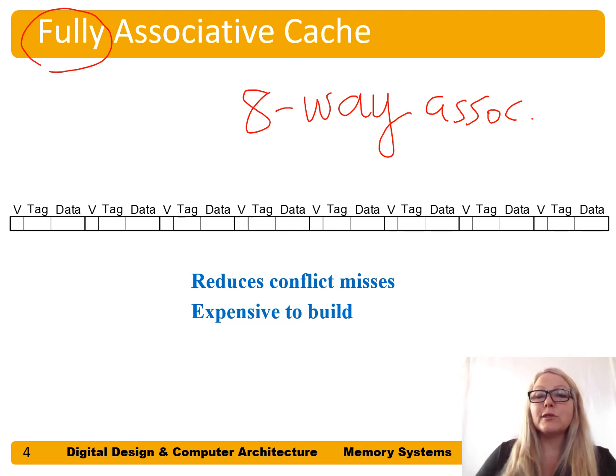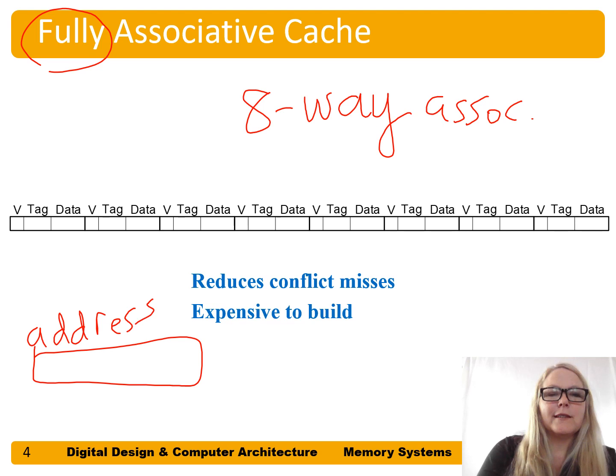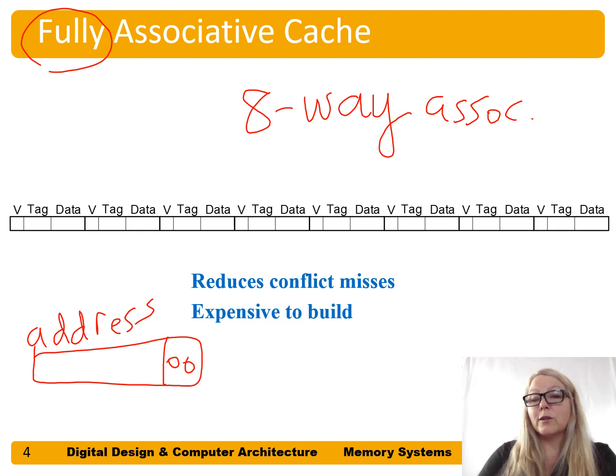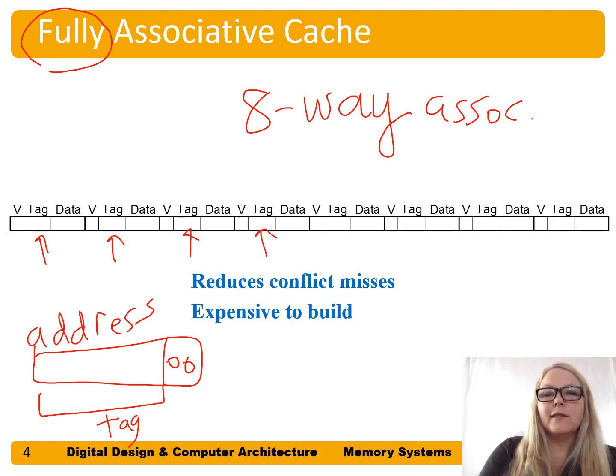So fully associative caches reduce conflict misses, but they're expensive. Remember that now the data could be in any of the ways, and so now we have to check the tags for each of them. When our address comes in from the processor, we don't have any set bits anymore, and so here are our 2 bits on the bottom for load word addresses. Those are always 0, but now the rest of it is a tag. And then we have to compare all of the ways of the cache.